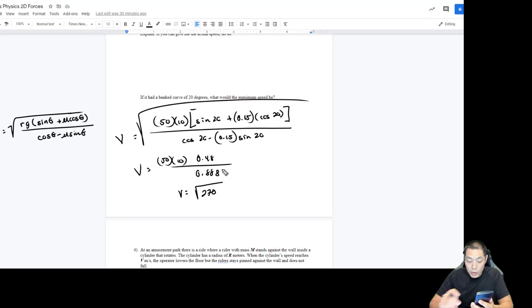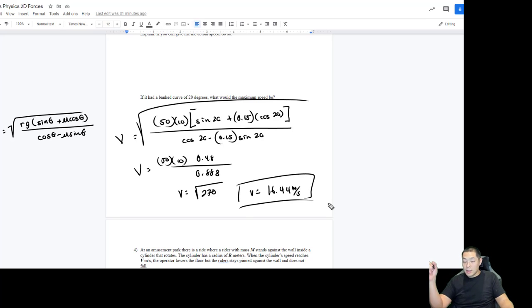You take the square root of that, and you get 16.44 meters per second. So that is the fastest you could go with the following conditions.